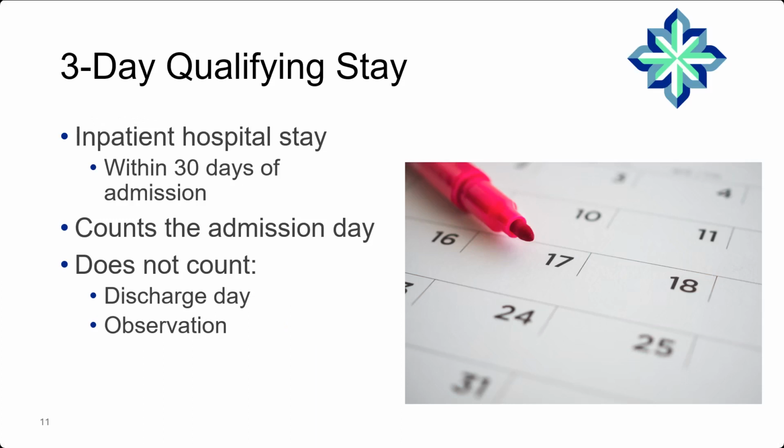Hopefully that makes sense for the 3 qualifying stays, because remember, if they don't have a 3-day qualifying stay, then it's not going to count. And of course, there's an exception when there's a Medicare Advantage plan, which doesn't require the 3-day qualifying stay, and then they switch back to regular traditional fee-for-service Medicare. There is an exception, but that has to be billed, and that's going to be part of the billing course that would happen. We'll talk more about that in just a little while.